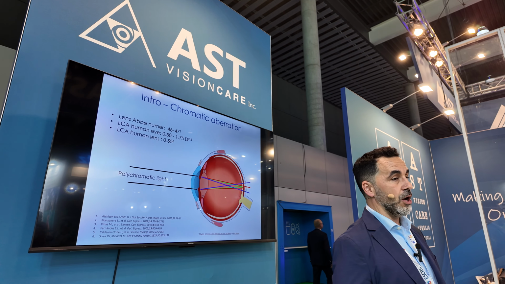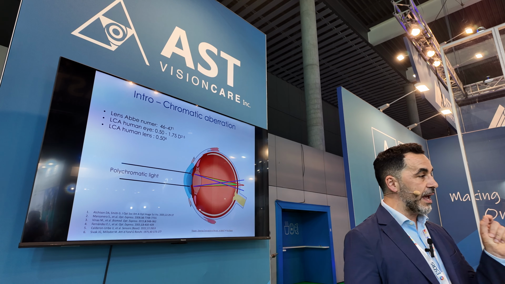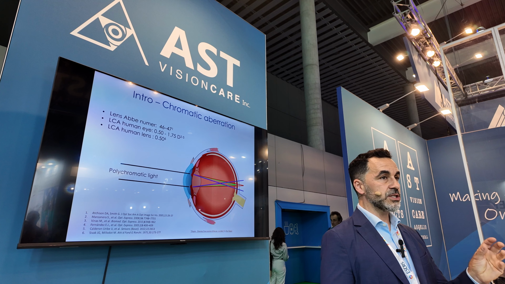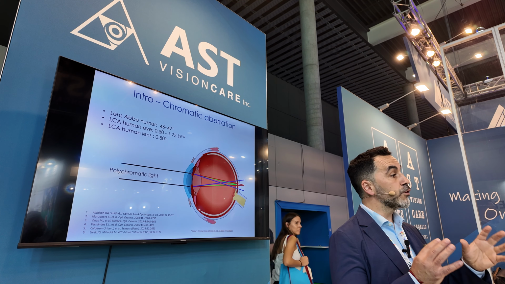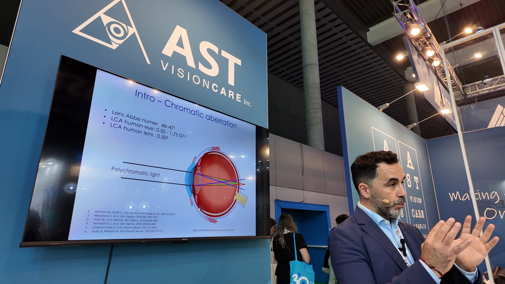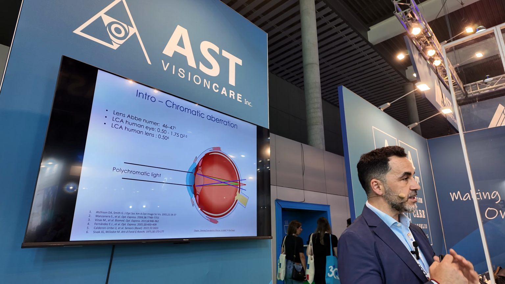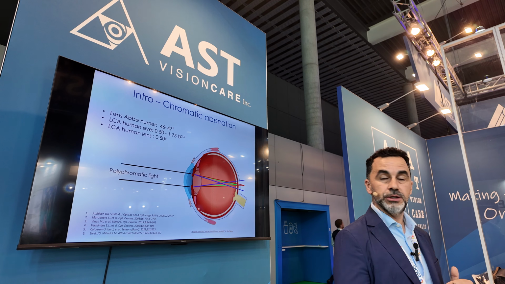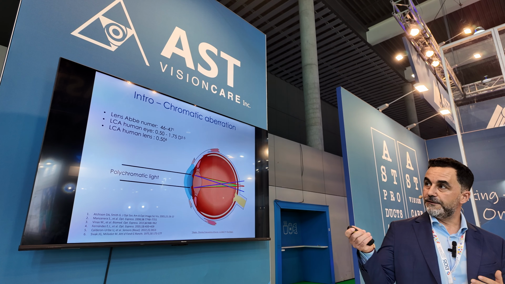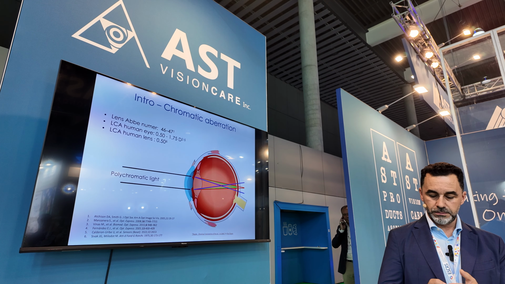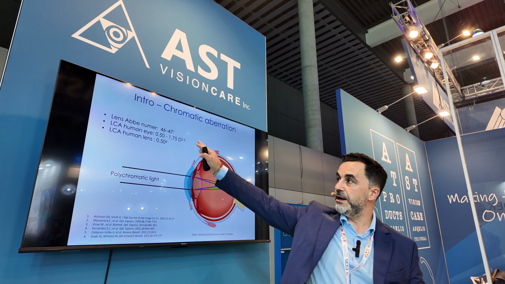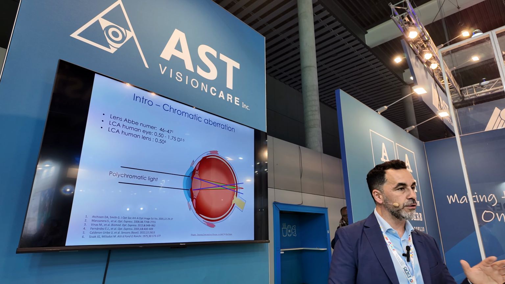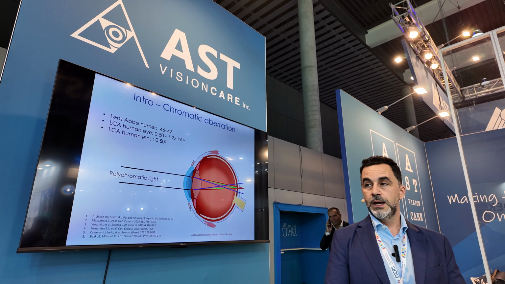That depends on a parameter called the Abbe number that relates the level of refraction, or the difference between the focusing of the different wavelengths. Therefore, the higher the Abbe number, the lower the chromatic aberration. Now we know that for the human lens, the Abbe number is around 46, 47.